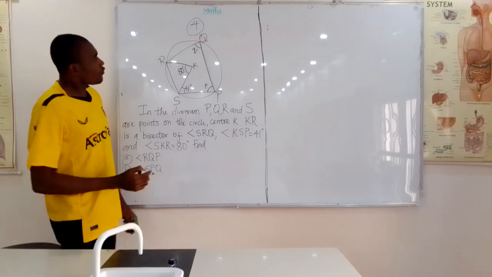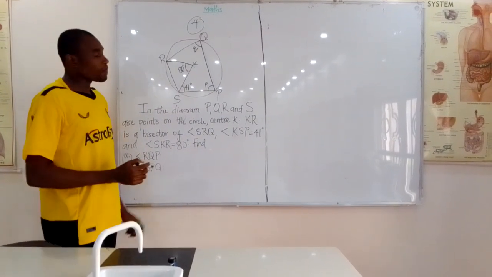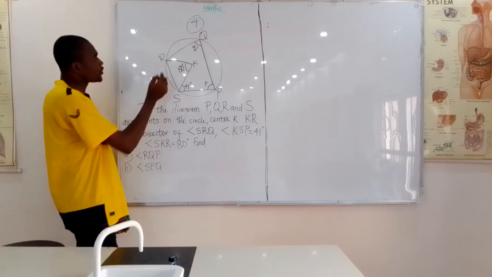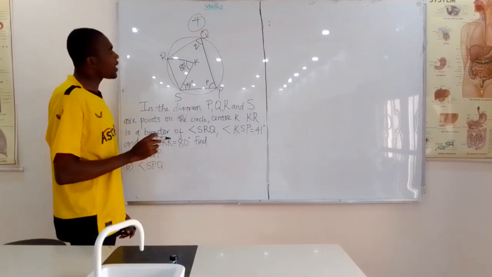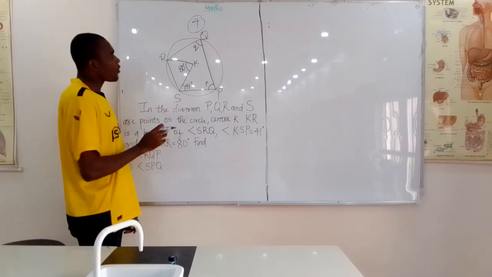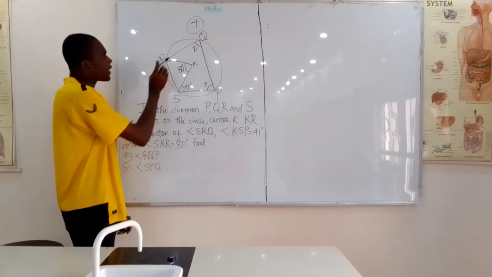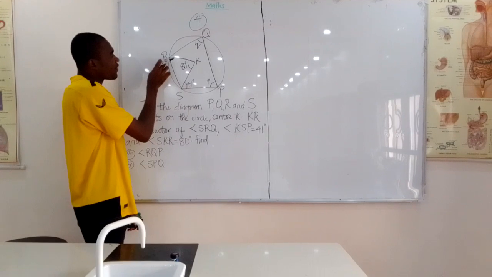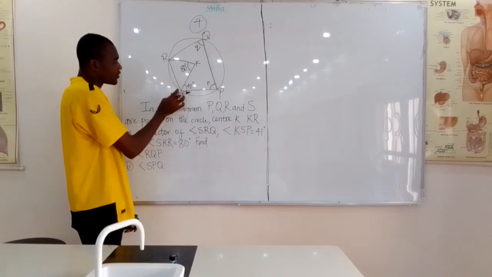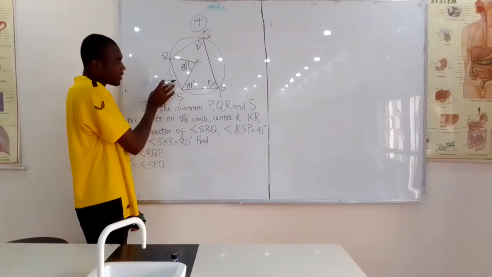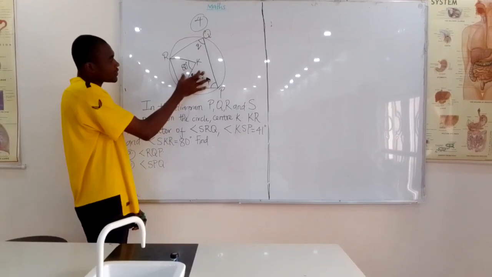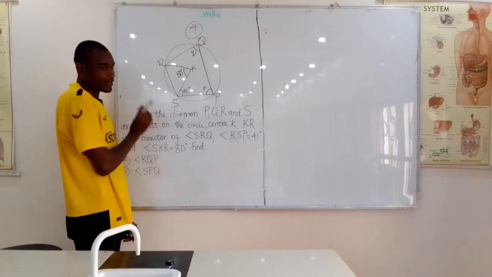From our knowledge of circle theorems, RQPS is a quadrilateral. Whenever you have a quadrilateral inscribed in a circle, and the vertices of that quadrilateral touch the circle at the circumference like this, we call it a cyclic quadrilateral.